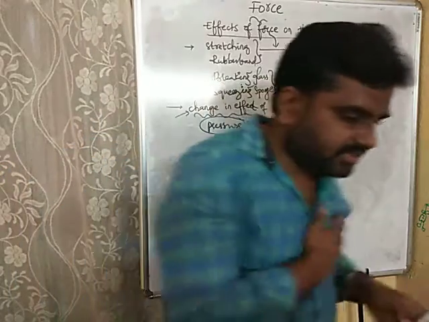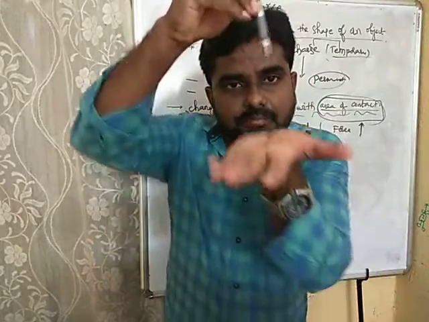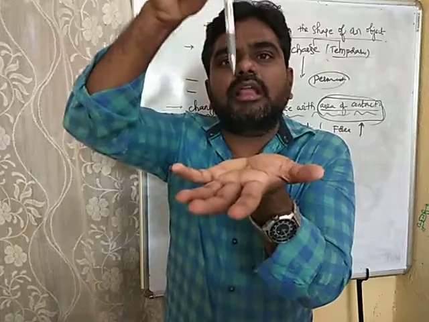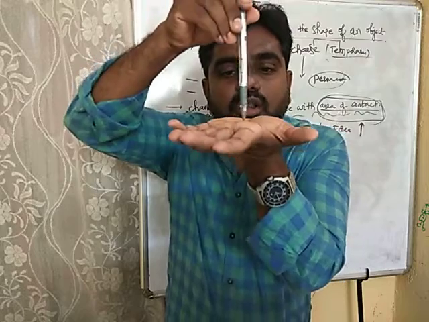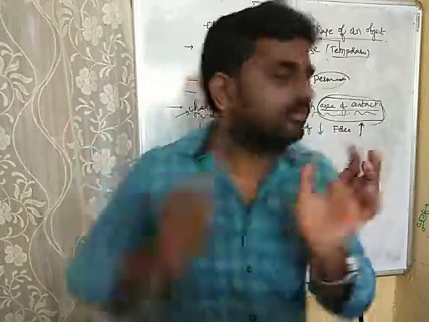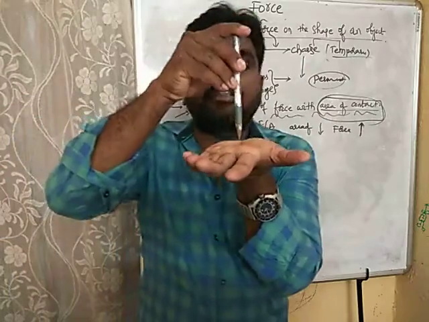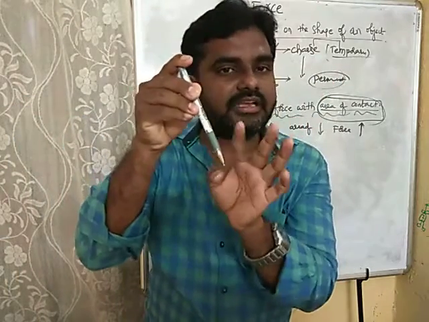See, in the previous example, with the help of this nib, I am applying the force on a particular area. Then this type of force is called pressure. There is a force, but where is it acting?